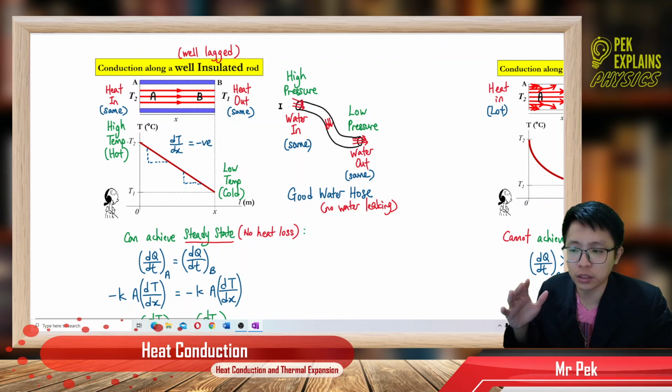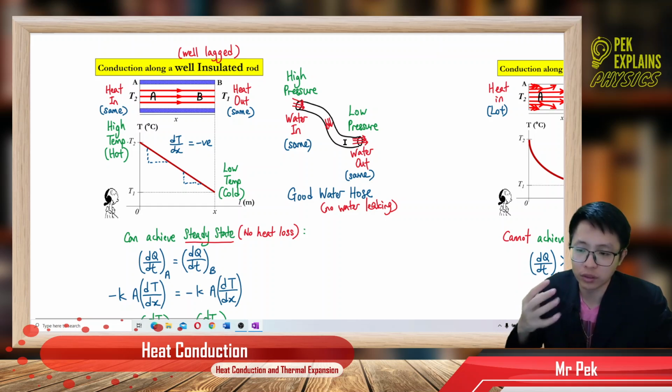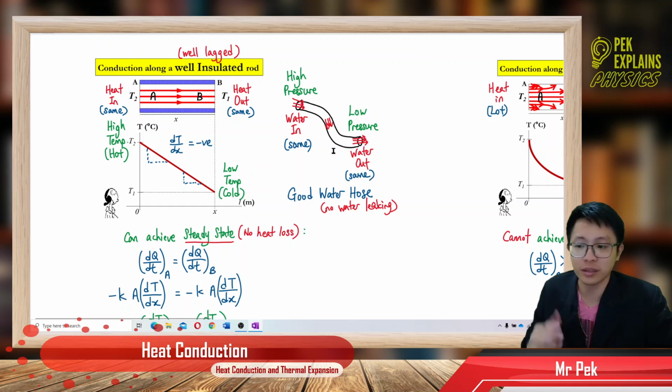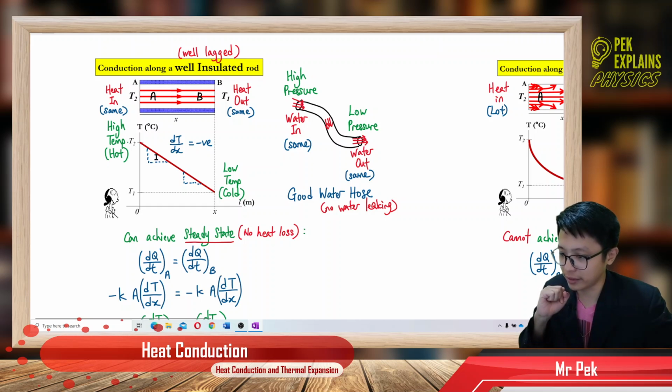So the rate of water flow at the earlier part will be the same as the rate of water flow at the last part. Water in equals water out. And then, I want you to look at this graph.